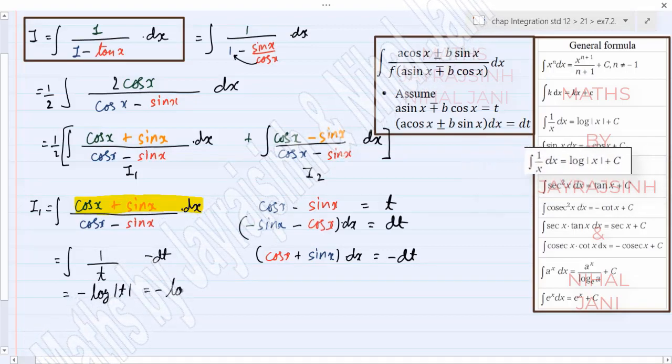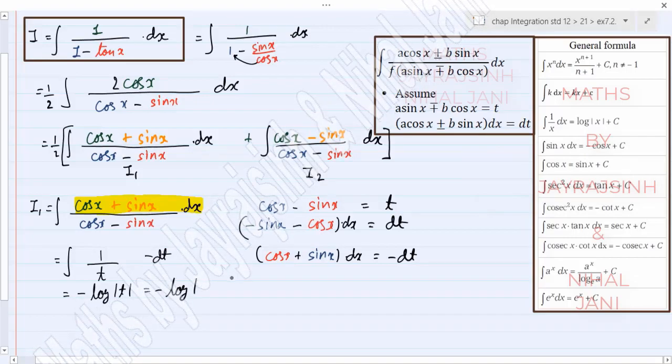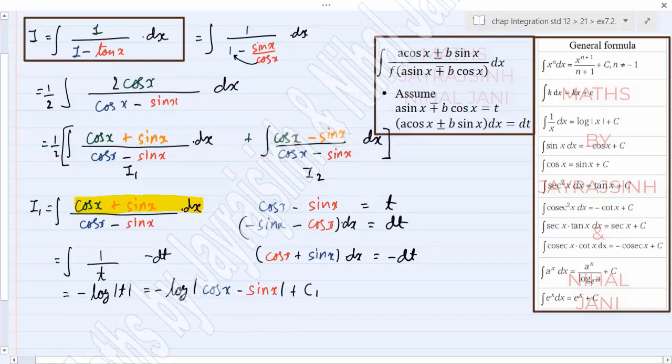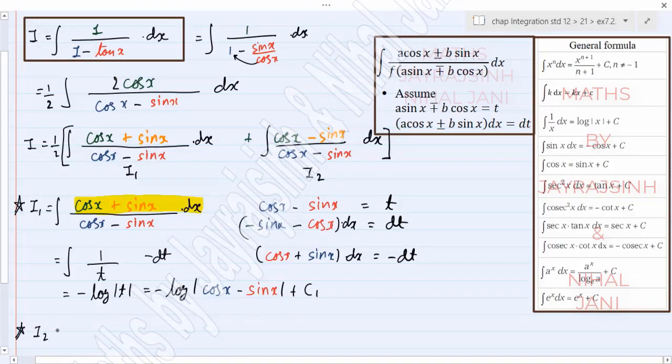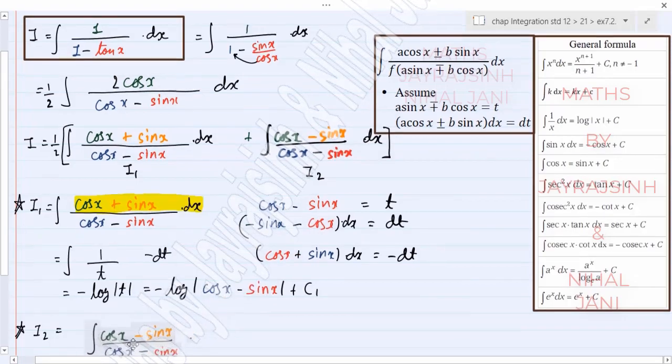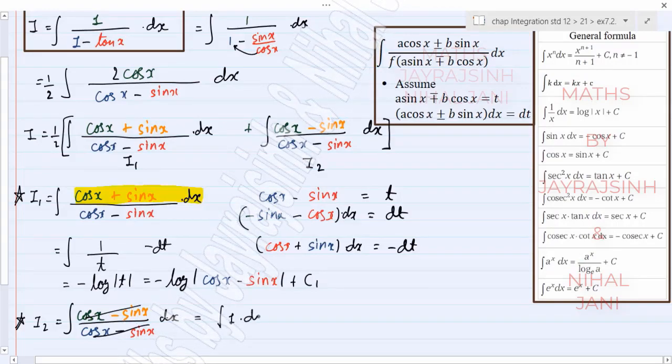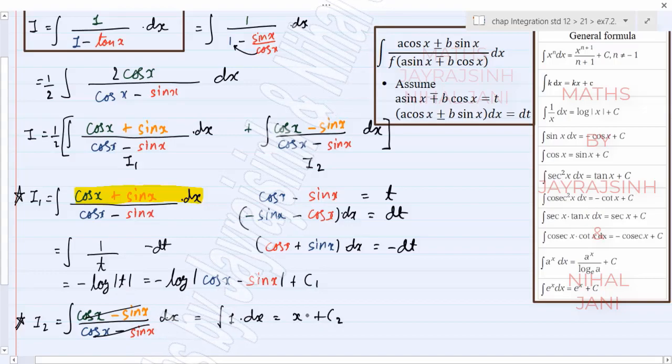And to get the final answer, we just have to substitute the value of t, which is cos x minus sin x, plus c1. Now let's try to integrate our I2. As you can see, cos x minus sin x, cos x minus sin x will cancel out. We just have to integrate 1, which is x plus c2.